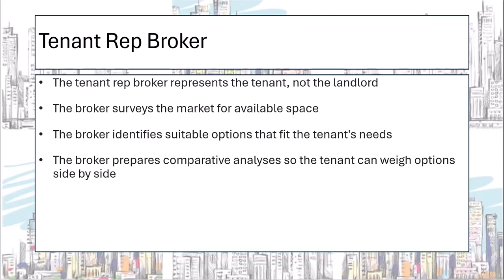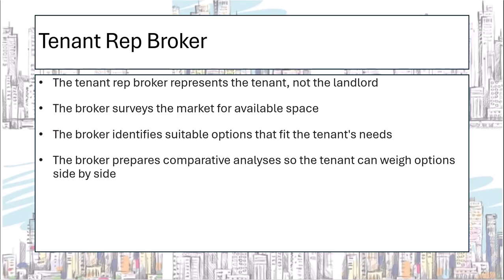This may include the amount of space required, preferred location, the rent budget, parking needs, building quality, lease commencement date, and anticipated future growth. The tenant rep broker then surveys the market to identify available and suitable properties. The broker may review numerous possibilities before selecting a smaller group of spaces that appear to satisfy the tenant's requirements.